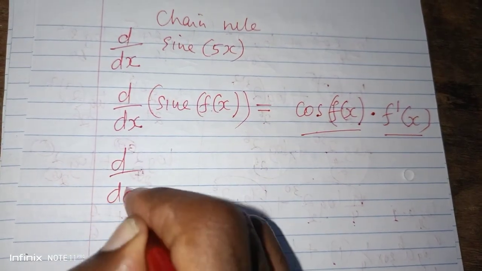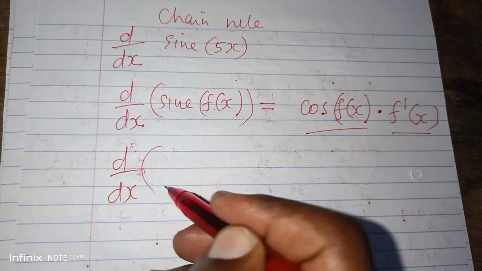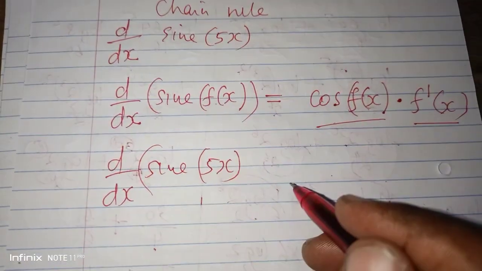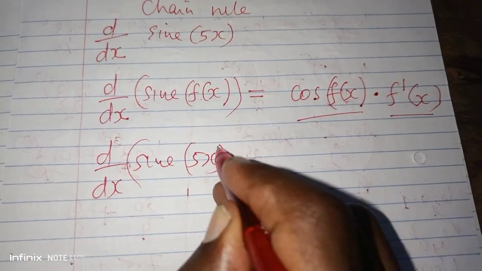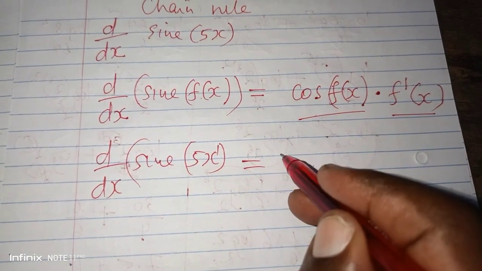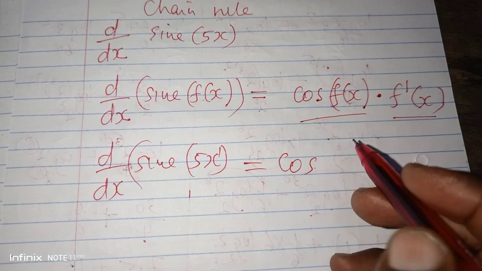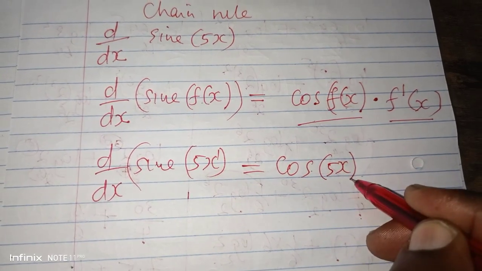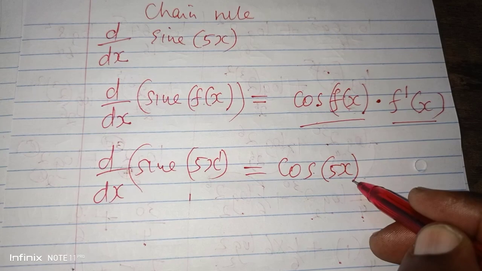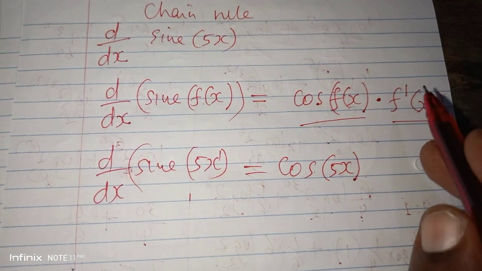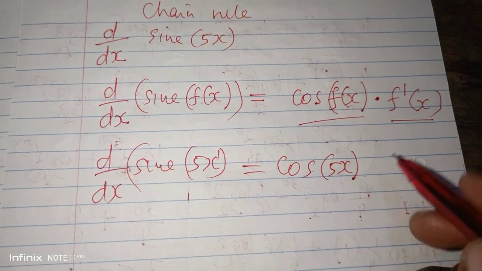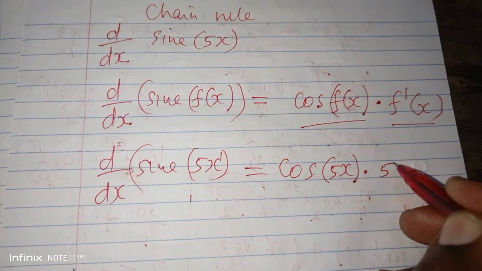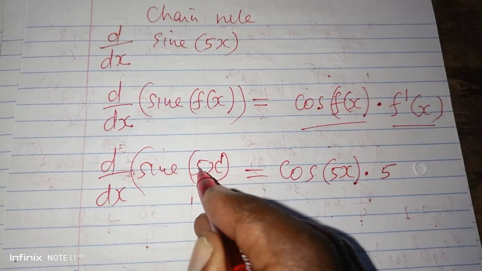So then let me try and see. d dx of sine 5x can be the same as, let me assume this is raised to 1 as a power. So the derivative of sine is cos, of the inner function 5x, and whatever comes out after the derivation of that inner function, the derivative is going to be just 5, because this is 1 times 5, that is 5.